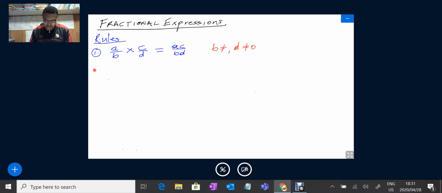Number 2. On number 2, we are dividing fractions.